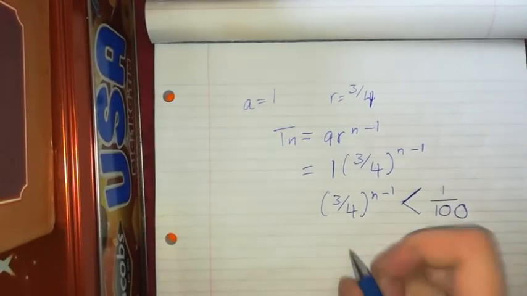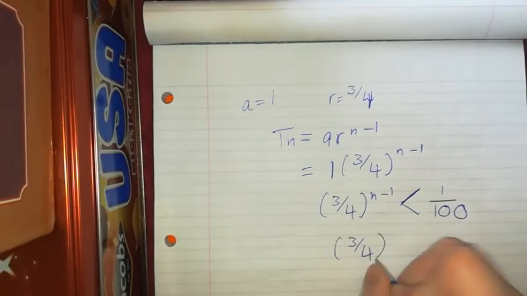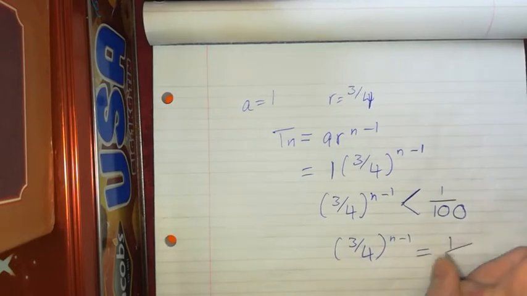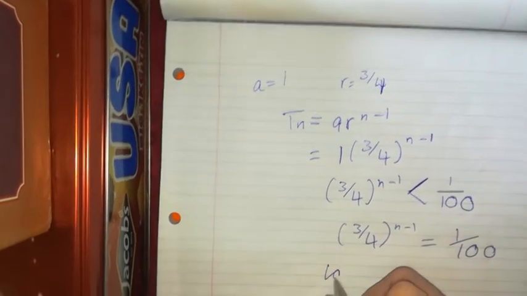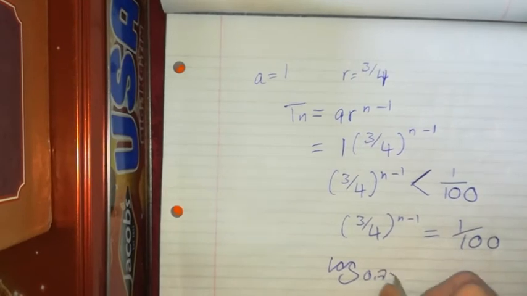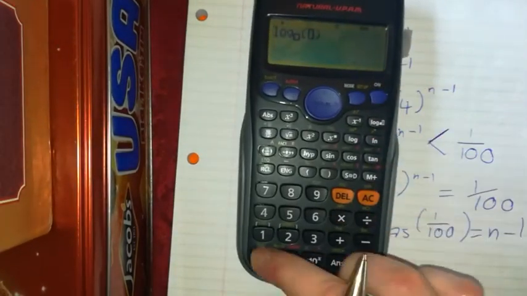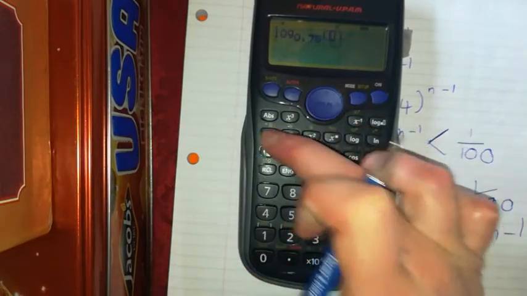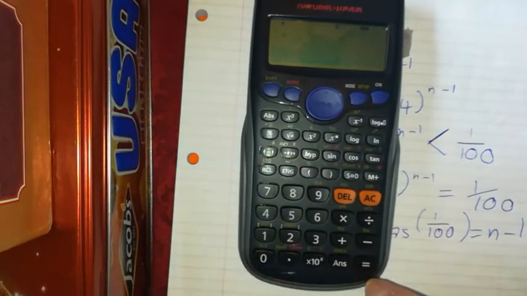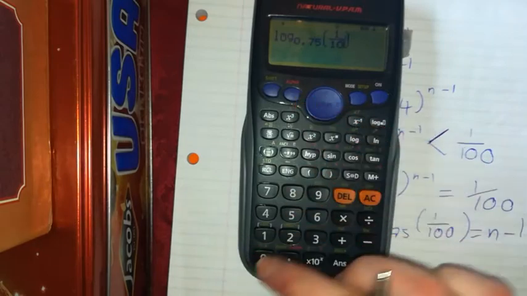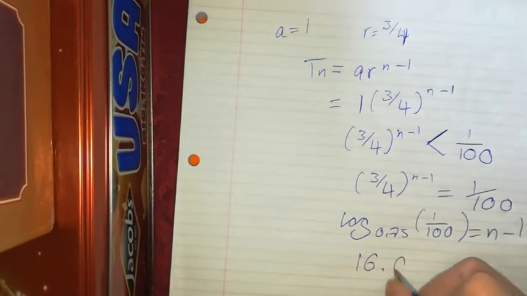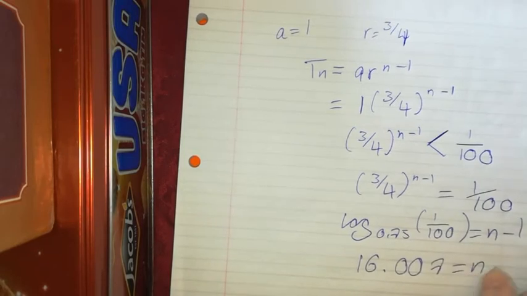So first I'm going to let it equal to, so 3 over 4 to the n minus 1 is equal to 1 over 100. So log base 0.75 of 1 over 100 is equal to n minus 1. So that's going to be log base 0.75 of 1 over 100, and then I get that 16.007 is equal to n minus 1.